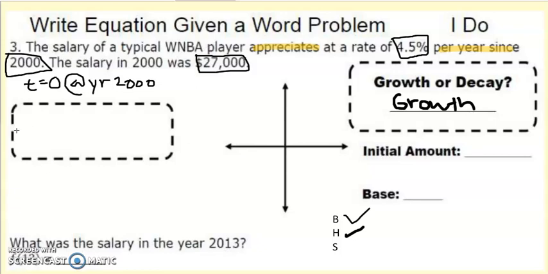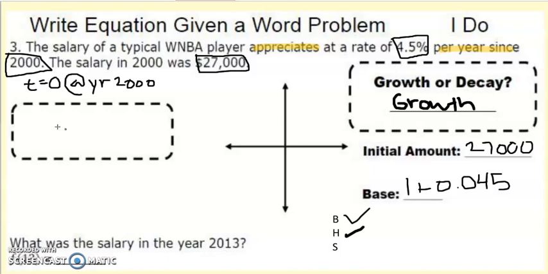Our initial amount was $27,000. And the base is going to be 1 plus our rate, 0.045.